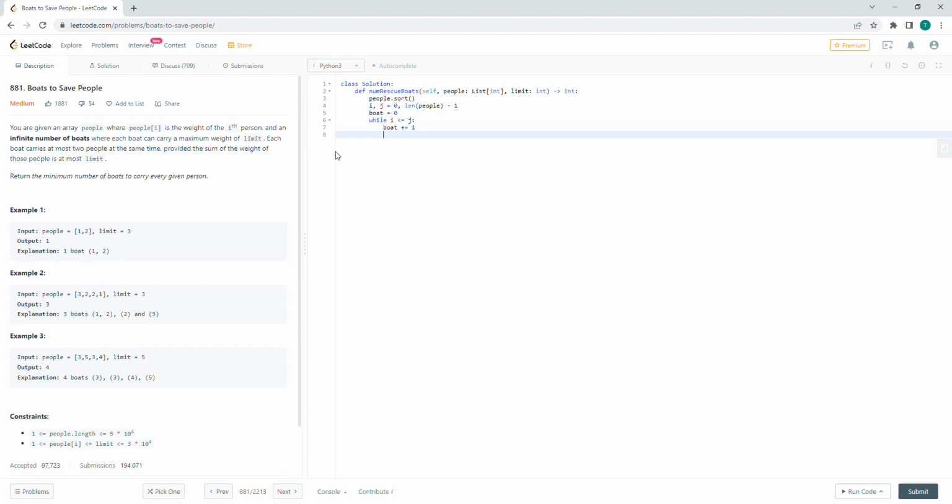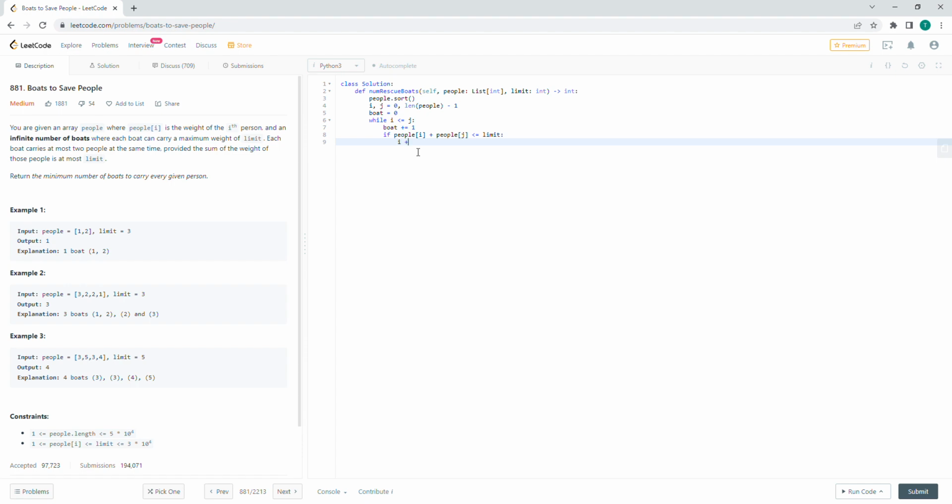So if the people at index i plus the people at index j, the heaviest, is less than or equal to the limit, then we move the index i to the person next to the lightest person, to the right.